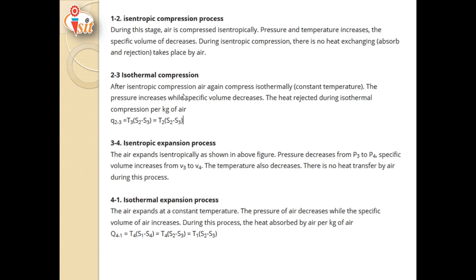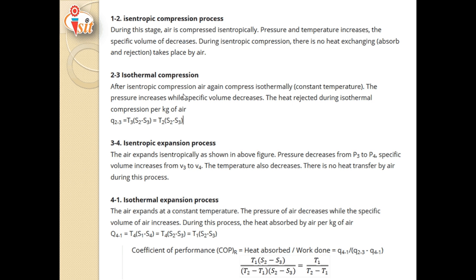During this, the heat absorbed per kg of refrigerant is Q4 to 1, equal to T4 into S1 minus S4, where S1 is the entropy at the final stage and S4 is the entropy at the initial stage, which is equal to T1 into S2 minus S3. So this is all about the thermodynamics of the refrigerant. Coefficient of performance is given as T1 upon T2 minus 1, and here we will stop.